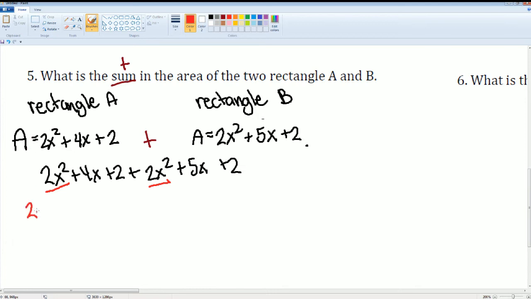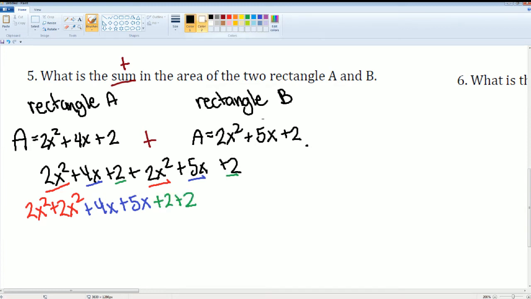So that is 2x squared plus 2x squared. This is right because it has a degree 2, right? When we add and subtract polynomials, we go based on the degree of the exponent. So these two both have degree 2. This has degree 1, this has degree 1. So 4x plus 5x. These are both constants. You can make that green. 2 and 2, so that's plus 2 plus 2.